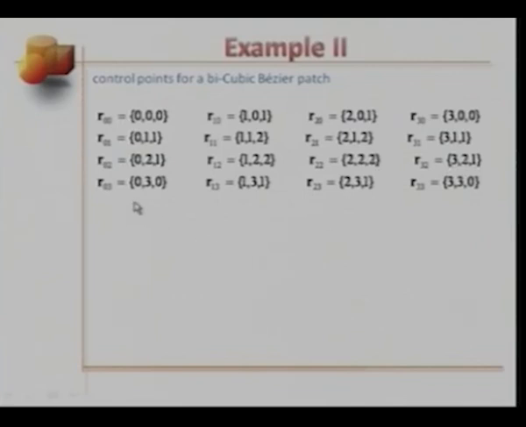And finally, R03 is 0, 3, 0, R13 is 1, 3, 1, R23 is 2, 3, 1, R33 is 3, 3, 0.